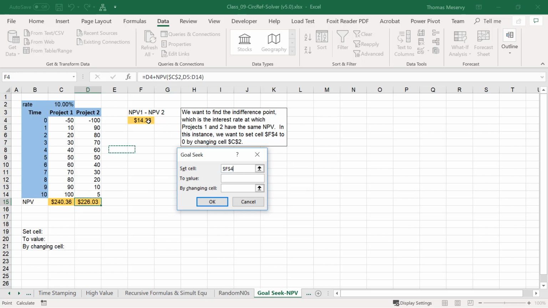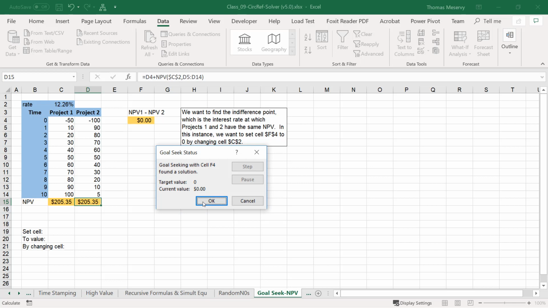So in this case, we'll look over here at our net present value 1 minus net present value 2. And when that is 0, then we've arrived. And how do we make changes? Well, we'll go ahead and substitute values into the rate up here. Let's go ahead and run that and see what we get.